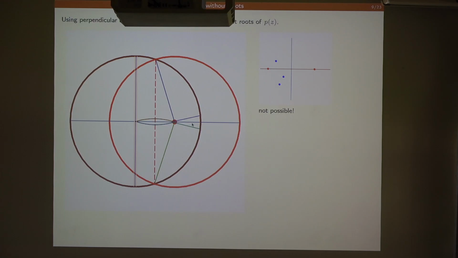And in this manner, you can find analytic estimates of the distance between two roots of P, and perhaps an estimate between a root of P and a root of the derivative. And it is the goal to prove the conjecture.